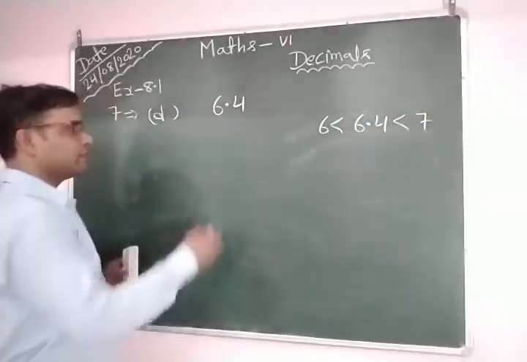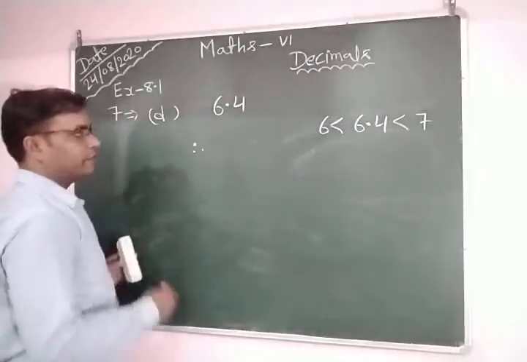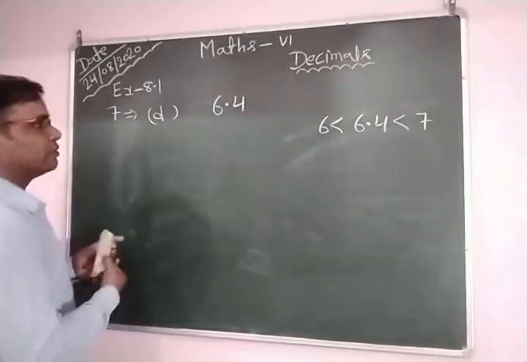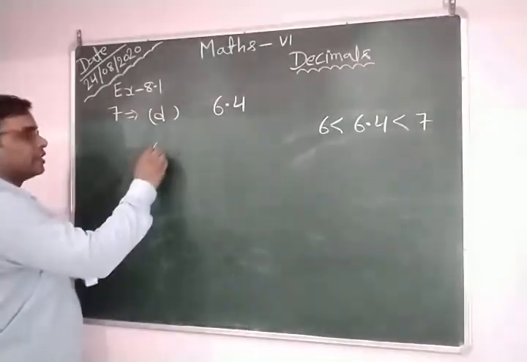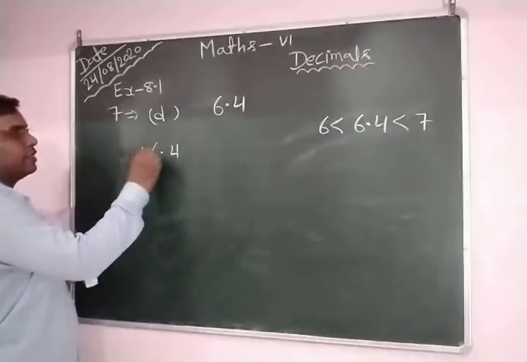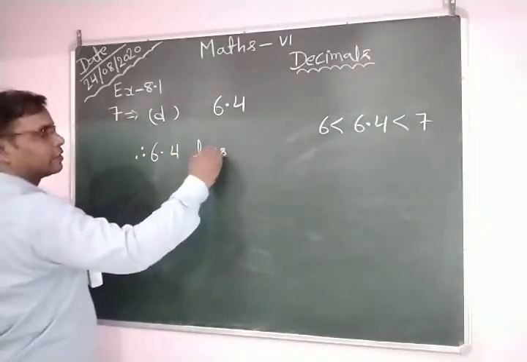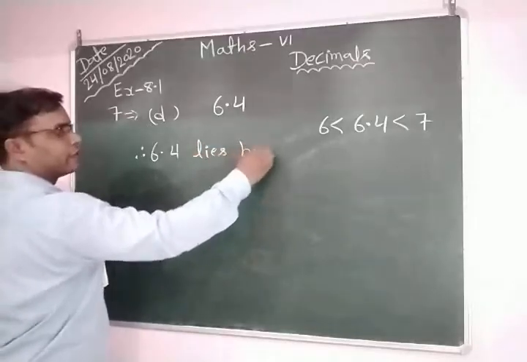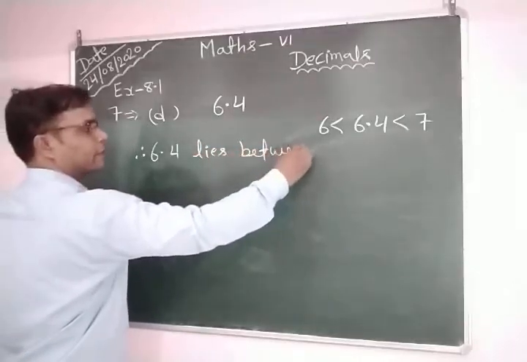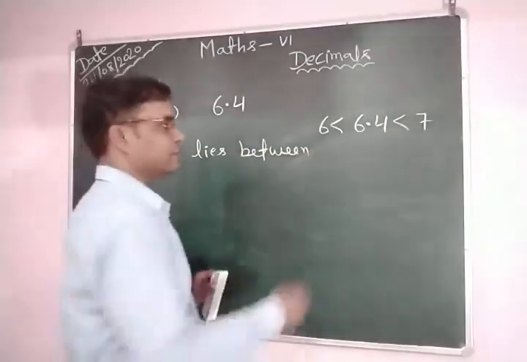Okay, so this implies that, therefore, we can say 6.4 lies between 6 and 7.